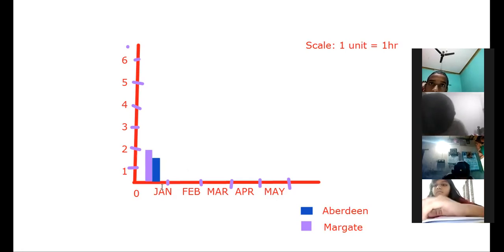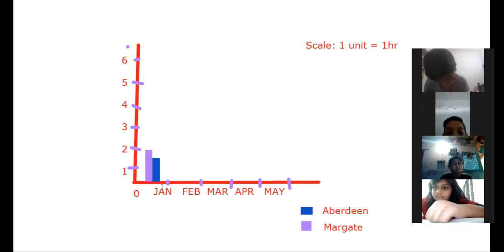What about the first city for the month of February? It is 3 1/4. What should be the point 3 1/4? It's in between 3 and 4.